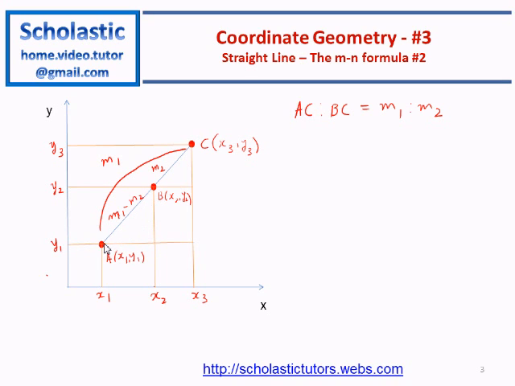Now we have two similar triangles here. A, B, and we'll take this point as N, and there's a right angle here, and B, C, and let's take this one as R. So there are two triangles, the ABN triangle and the BCR triangle, and the ABN triangle and BCR triangle are similar triangles.